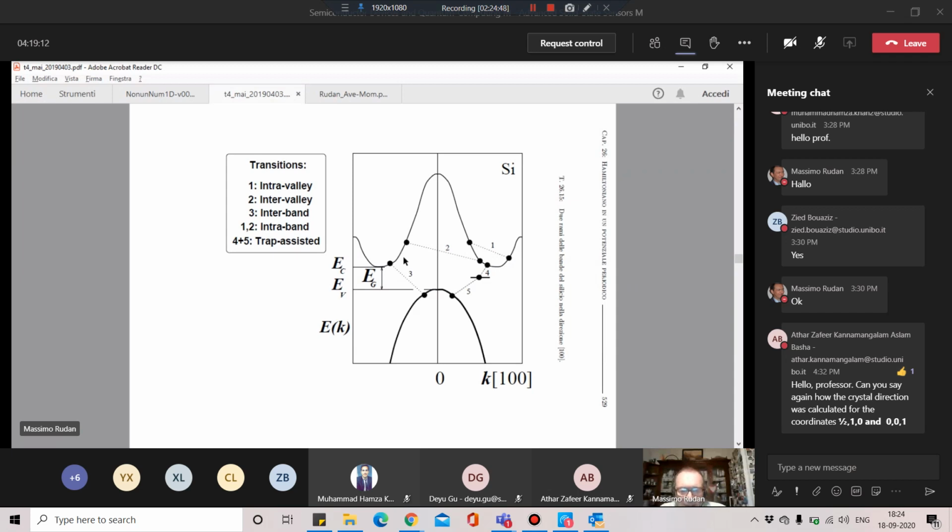You can also notice that EC is strictly larger than EV. So there is an interval of energies, that is the difference between EC and EV, that is called energy gap. And the symbol for the energy gap is E, as you can see in the figure.